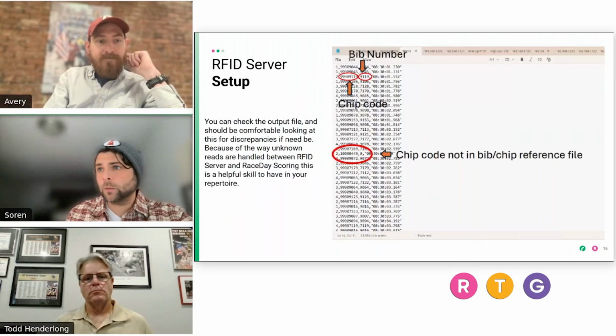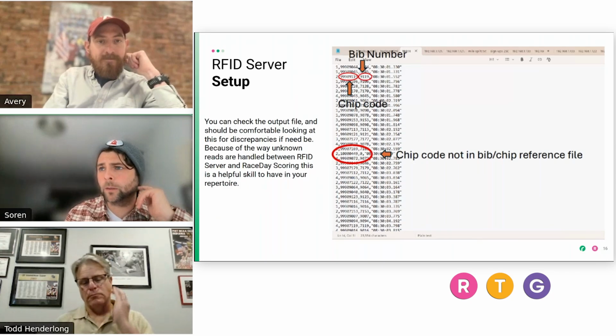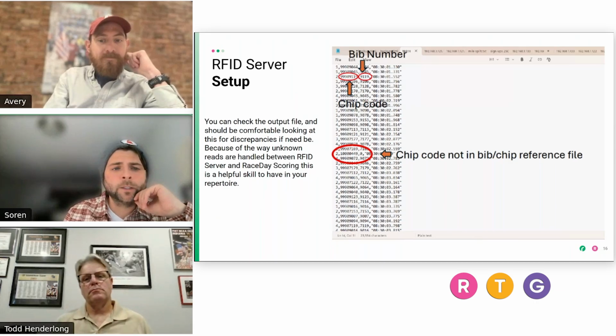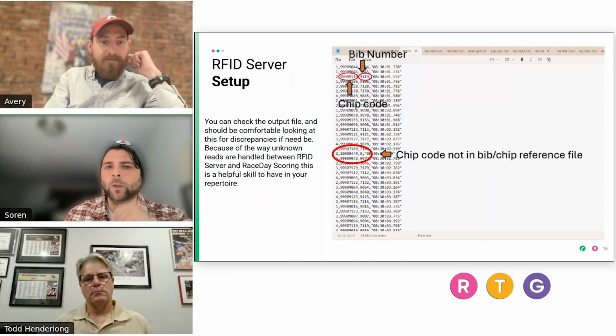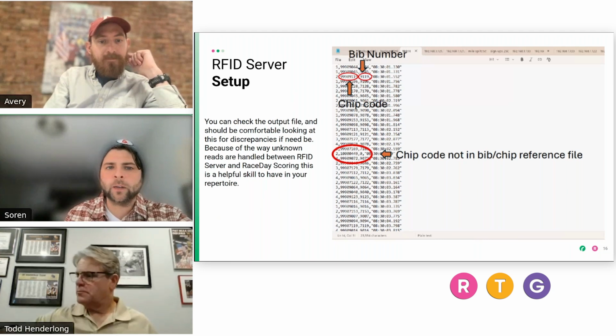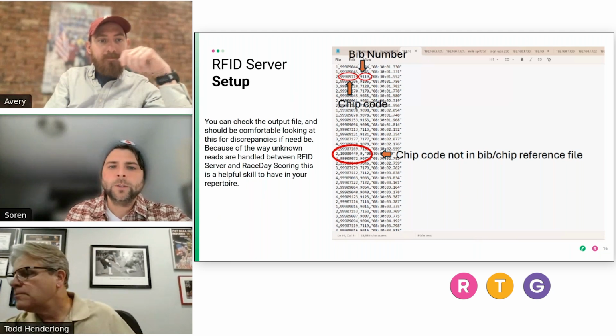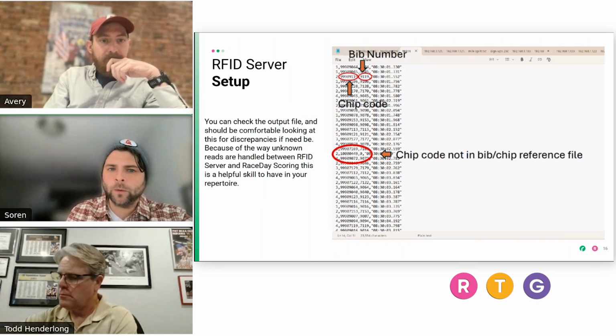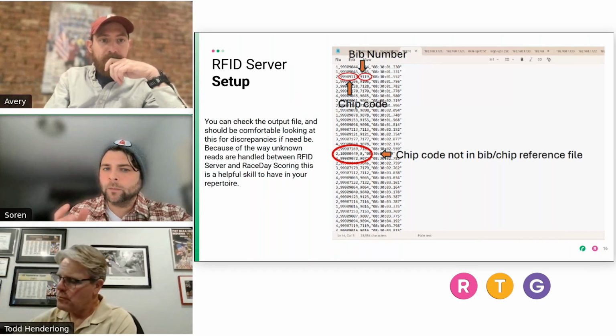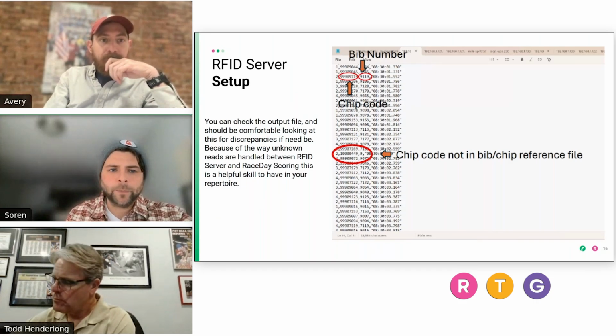Now, something that's really a useful tool here that Todd has highlighted and can speak a little bit more on, near after we get through the best practices, is being comfortable and aware of how to look at that output file. When you look at that output file, you need to understand what the data is looking like here. You can see in this example, we have the chip code, we have the bib number, and then we have a timestamp there.